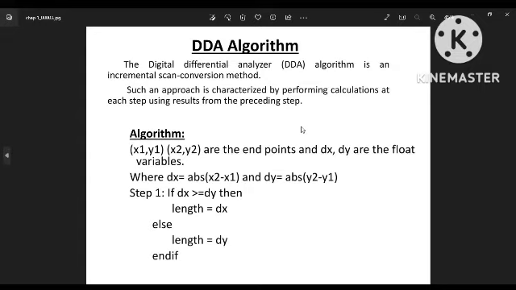The basic theme is that DDA is an incremental method, which provides a scan conversion method, incrementing line by line. If you draw any line, it contains two parts: the first point, whose pixel is incremented one by one until it reaches the end point, where the line drawing stops.